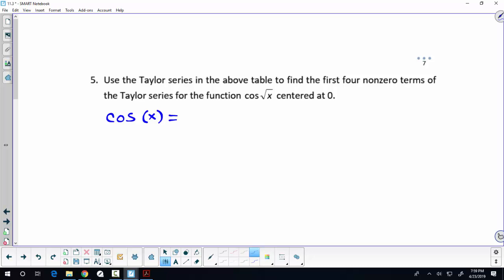again, it doesn't ask for the summation, so let's just write out the terms. The terms of cosine x are 1 minus x squared over 2 factorial plus x to the 4th over 4 factorial minus x to the 6th over 6 factorial. Those are the first 4 terms for cosine. And then we just make the replacement x as the square root of x.